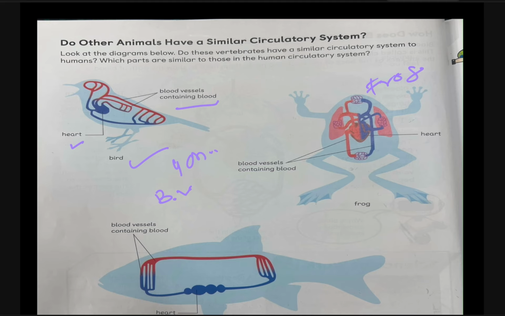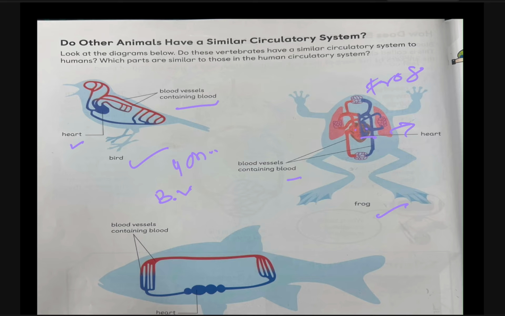So then comes the frogs. They also have moderate similarity to human beings because they also have a heart and blood vessels that contain blood. But the difference is that their heart is 3-chambered. They have 2 atria and only 1 ventricle. So oxygen rich blood from the lung and oxygen poor blood from the body mix together before pumping out.